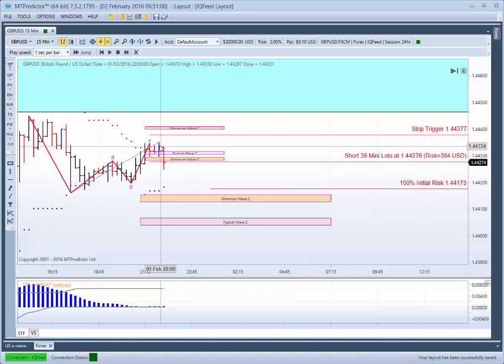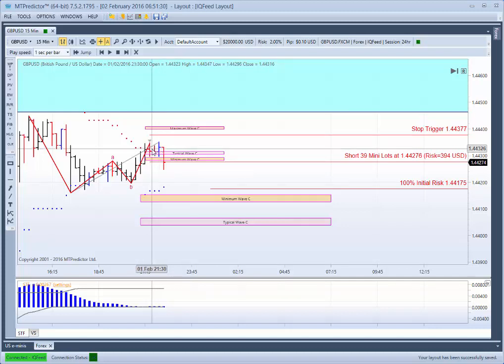But the important point is, even though we were one pip above the high there, that high was 144.32 and that high was 144.34.7 and that was 144.35.